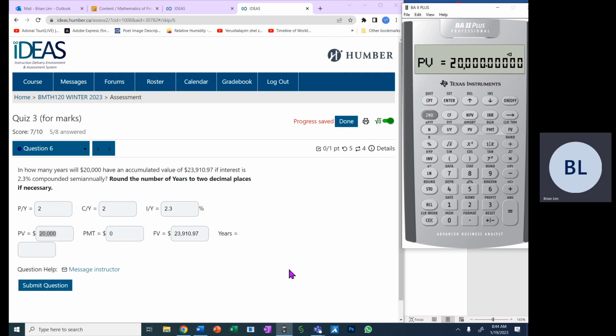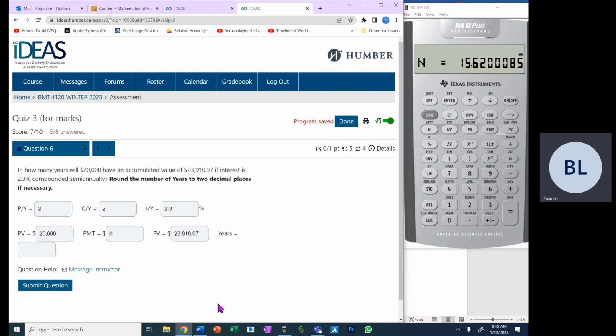That's the present value. 0 for the payment, and then this is the future value, $23,910.97. Okay, it's best if we make it negative and put it in there. That's the future value. That's the present value. Now we will compute n. So n turns out to be 15.62.